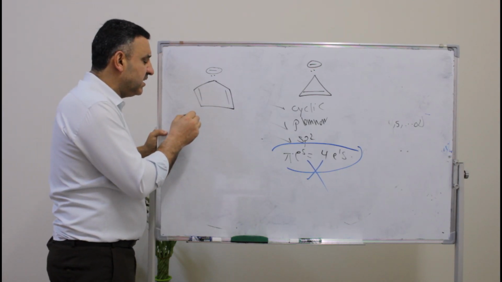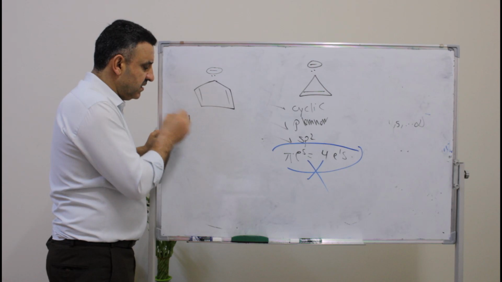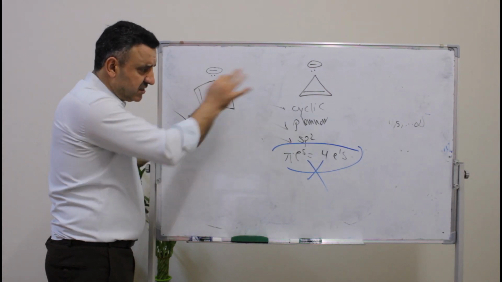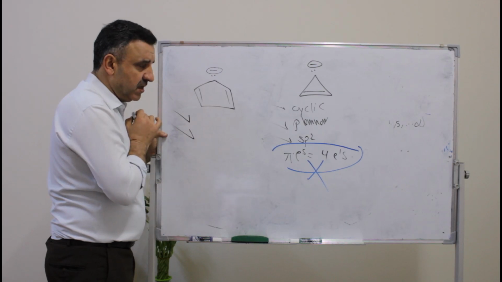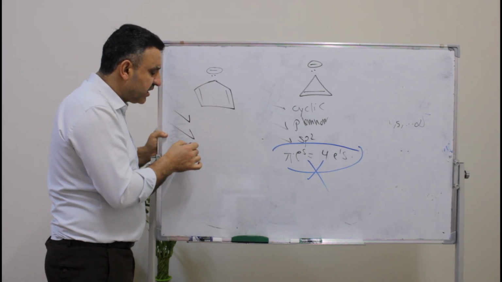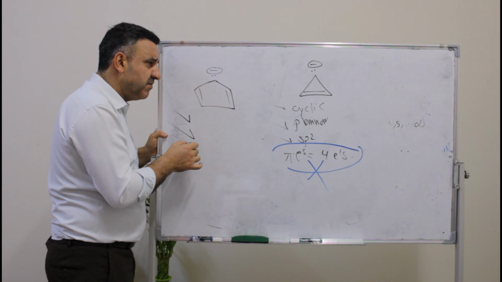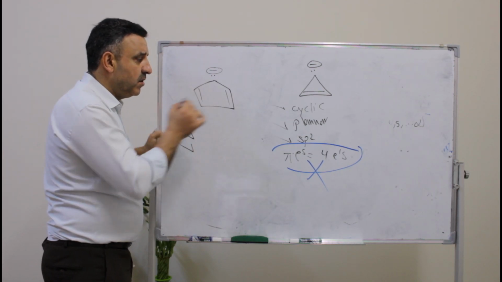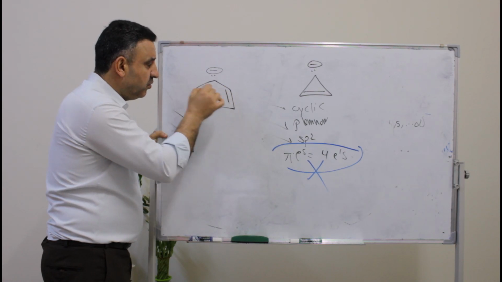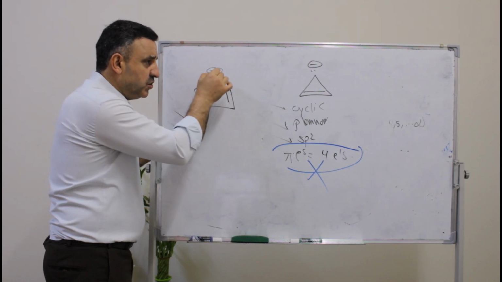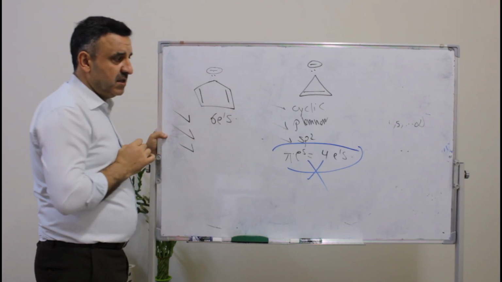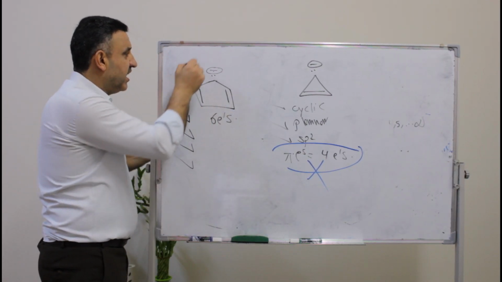Is it cyclic? Yes. Is it planar? Yes, the cyclic system here is planar. Are all atoms involved sp2 hybridized? Yes. How many electrons do we have? We have 6: 2, 4, and 2 are 6 here. So we have 6 pi electrons. Therefore, this is definitely an aromatic system.